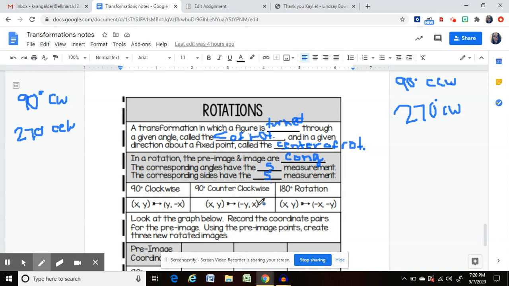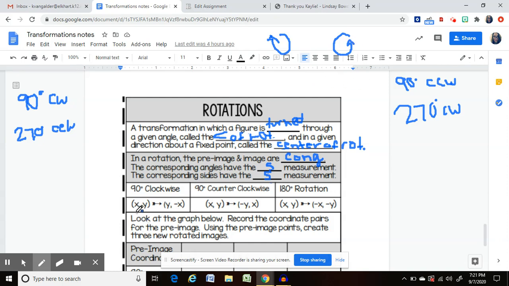But not reflecting. You just move upside down. So, clockwise, if you need a hint, look at a clock. Because clockwise is going like that, whereas counterclockwise is going like this.